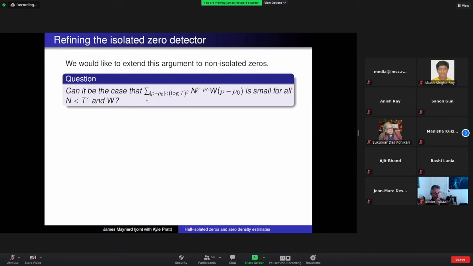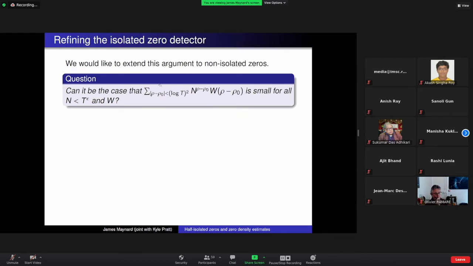It might be the case that even if you had lots of zeros nearby, the contribution from rho 0 always dominates in the way that it dominates when you have an isolated zero.